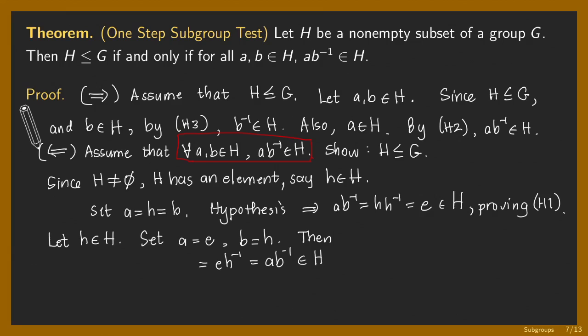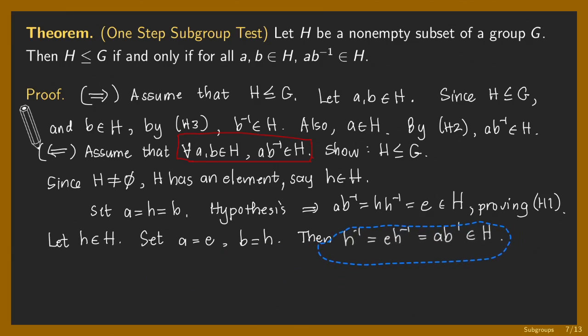As you can see, this is h inverse. So this proves that h inverse is again an element of H if h is an element of H. So this proves H3.